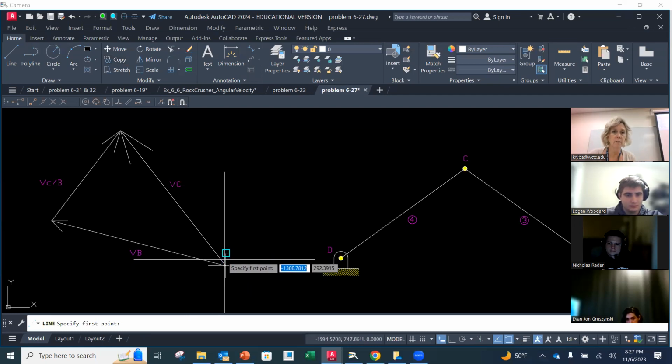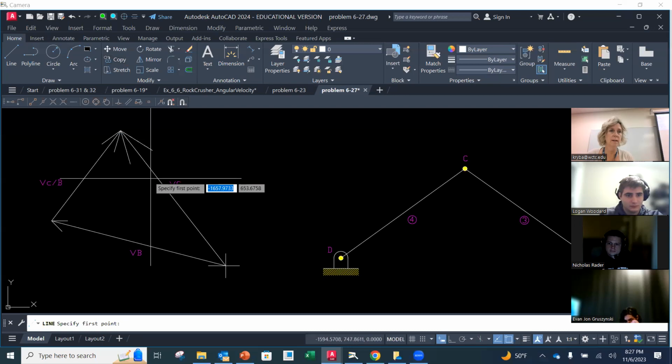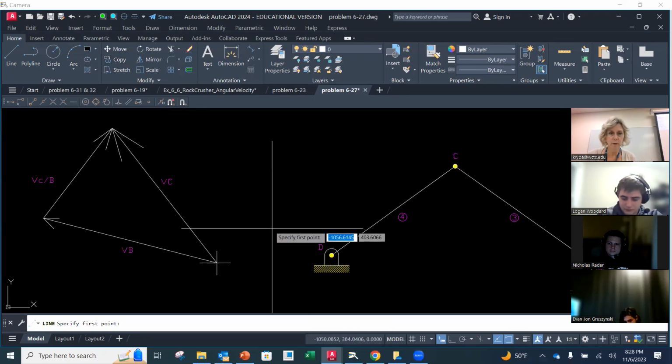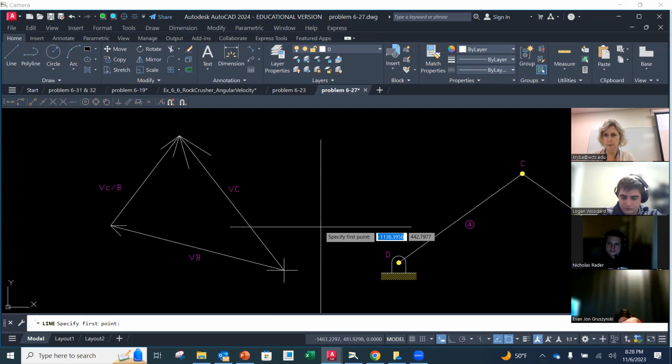So its tail is going to start at the origin and its tip is going to go to that last arrowhead. Now, before we move on and do anything else, how's everybody doing? Any questions to this point?